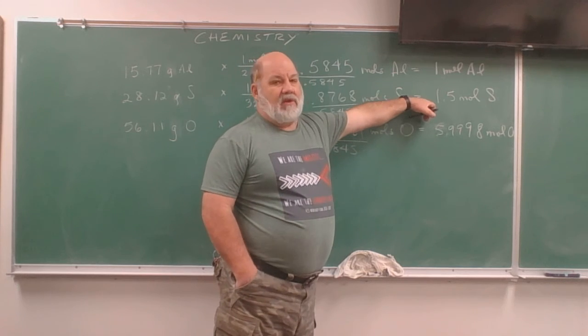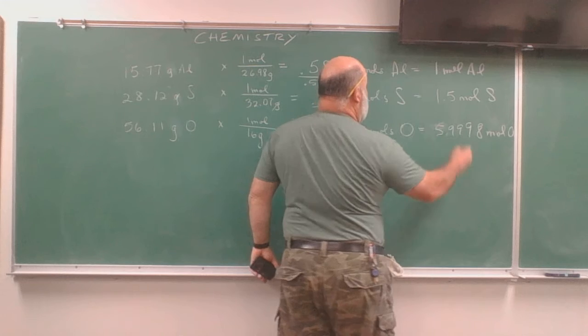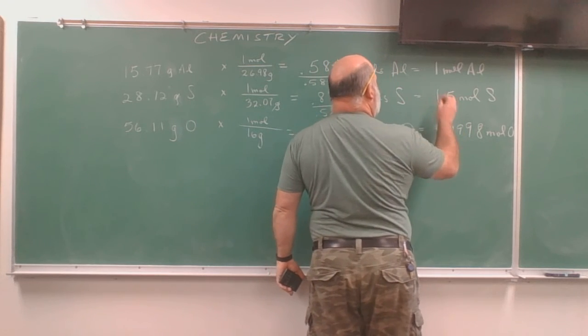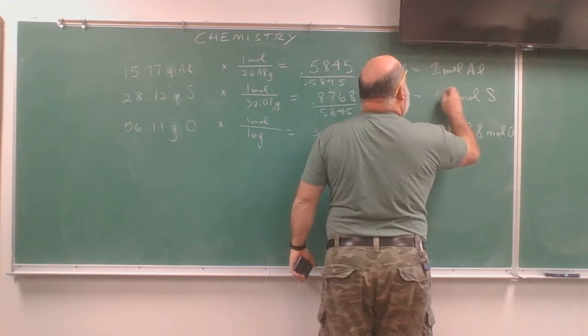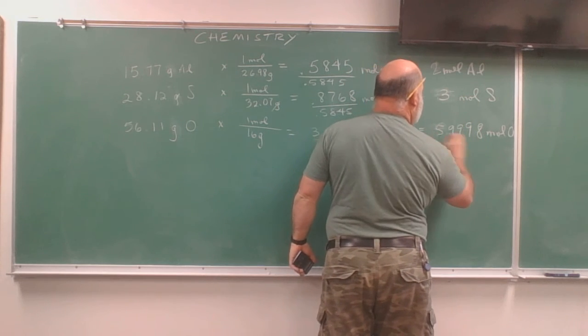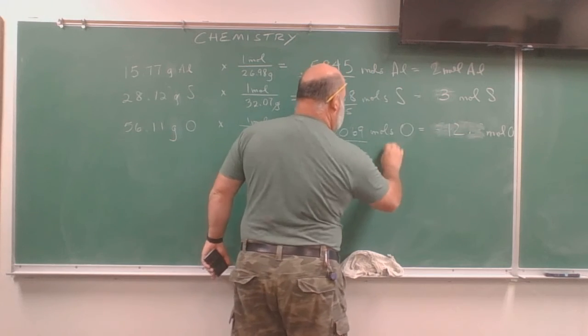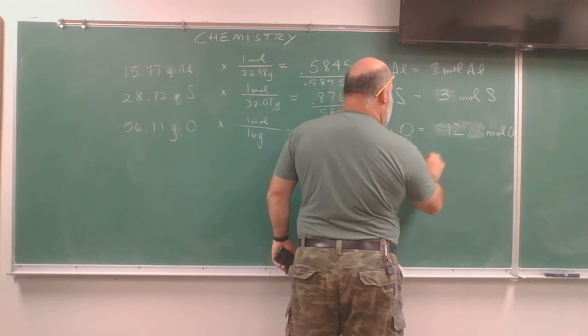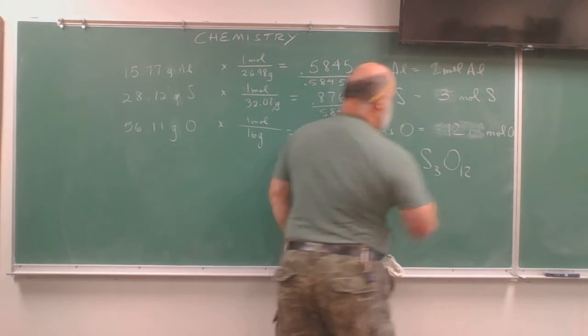We're not allowed to have fractions or decimals. I'm going to multiply each of these by 2, and I will get 2 to 3 times 2 is 12. So it's technically Al2S3O12.